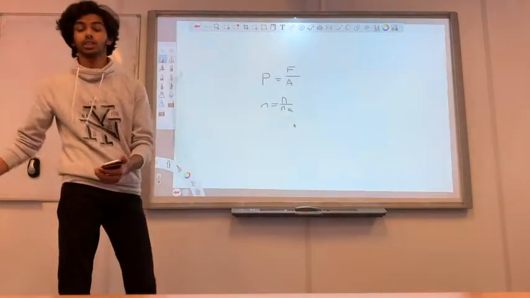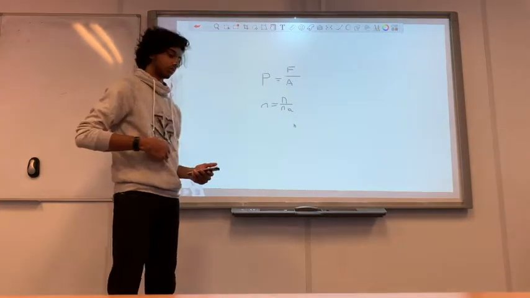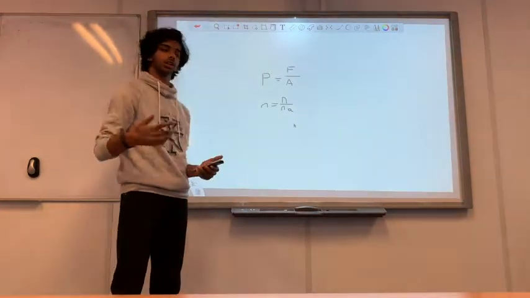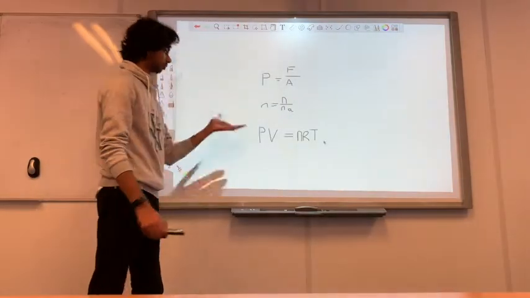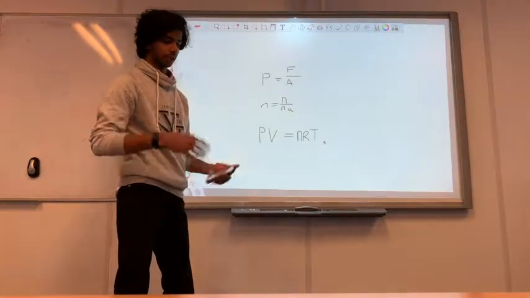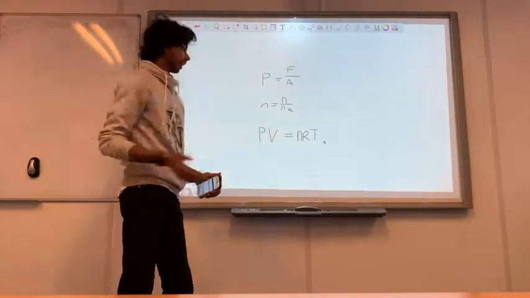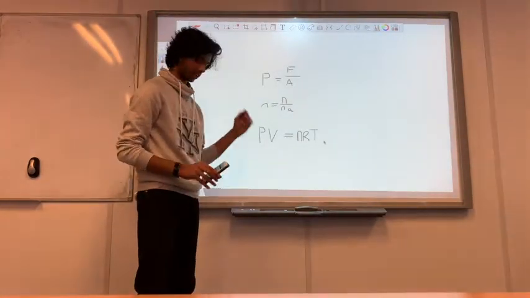Now we can calculate the equation to connect pressure and temperature. PV equals nRT. P equals the pressure, V equals the volume of the space containing the gas, n equals the number of moles, which can be found from the previous equation.